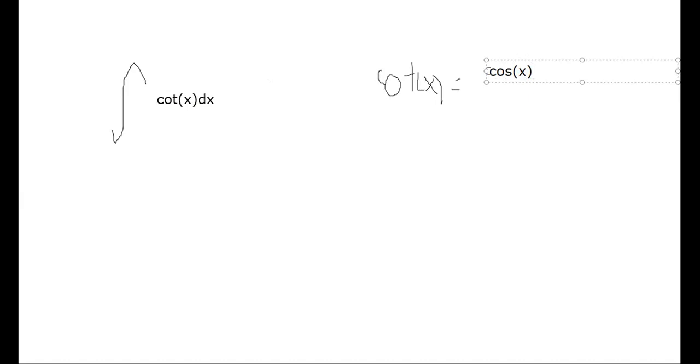We can actually rewrite this as cosine over sine. So cotangent of x is cosine x over sine of x.